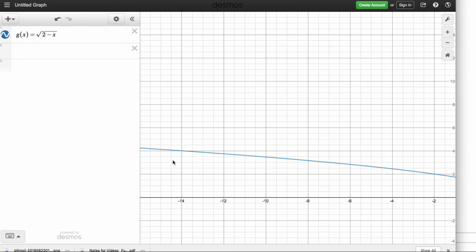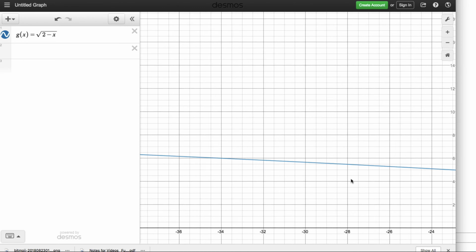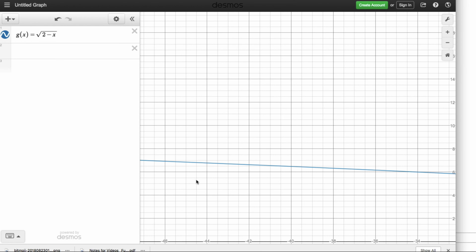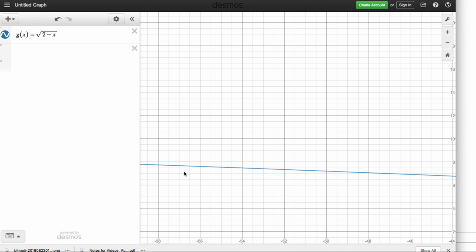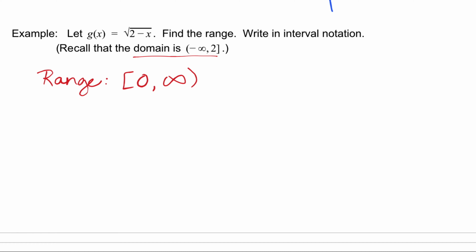As I continue to look at this function, the y values are constantly increasing, okay? And that will happen forever. So there it's 7.684. That's why we say that the range is from 0 to infinity.